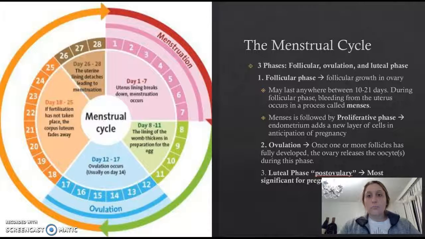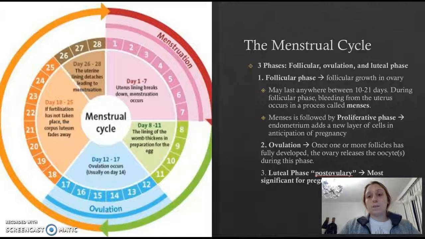So to start, the menstrual cycle is what drives the female reproductive system. It's generally a 28-day cycle, and it goes through different phases to regulate whether pregnancy is going to occur or not. The first phase is the follicular phase, because there's follicular growth in the ovary.